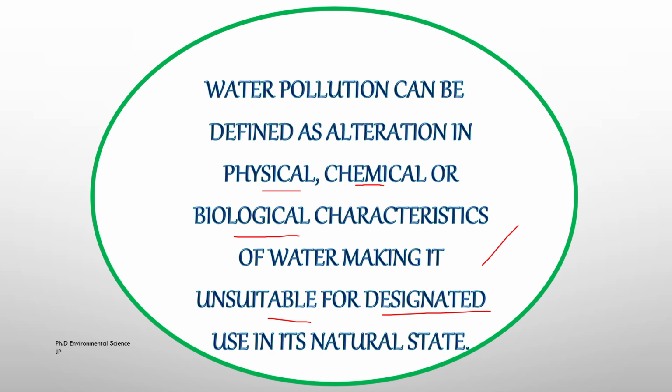The reduction in oxygen can suffocate the fish and other aquatic organisms, leading to mass die-offs and disruptions in the ecosystem. So in this example you saw that water pollution is evident through changes in the river's physical, chemical, and biological characteristics, due to which the water is unsuitable for drinking, recreational use, or supporting aquatic life.